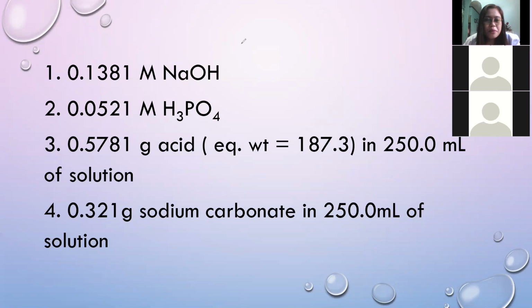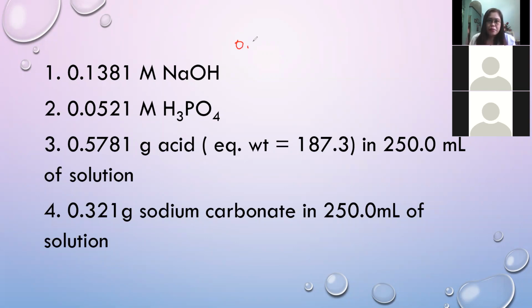The given is 0.1381 molar sodium hydroxide. Actually, in this type of problem, you will be asked to convert molarity to normality. You can do that, class. It's possible that you will be converting molarity to normality. So what will we do?